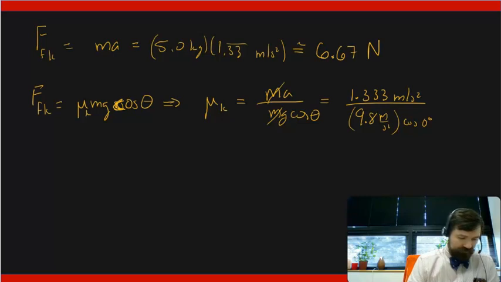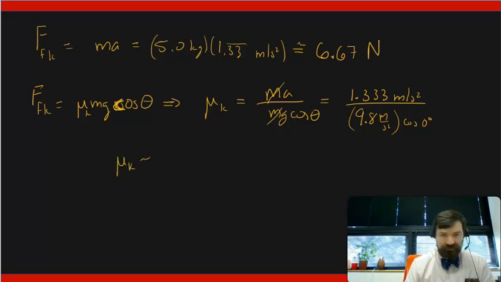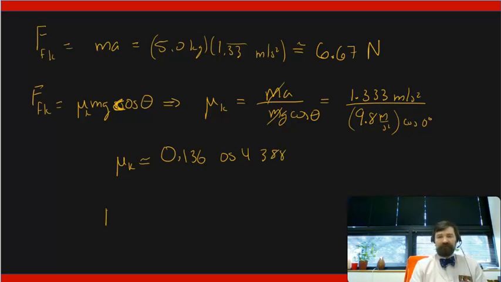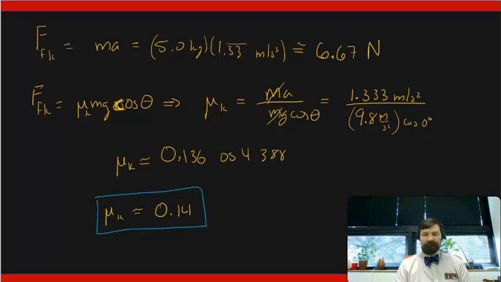So if we divide this 1.333 by 9.8, we get mu k is 0.136054388. There's no units to that coefficient. So now we just round it off to two significant figures as per the problem, and we have mu k is 0.14.